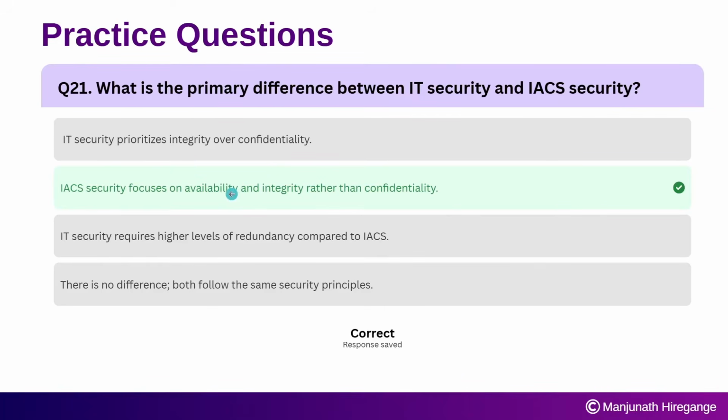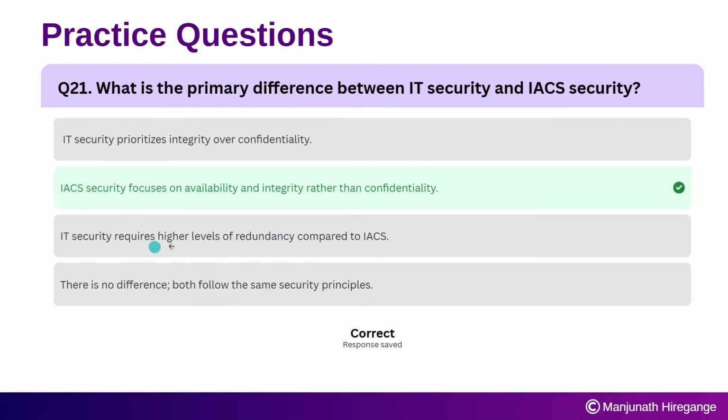IT security usually prioritizes confidentiality, followed by integrity and availability, if you remember the CIA triad. And IACS prioritizes availability and integrity over confidentiality because of its critical nature.